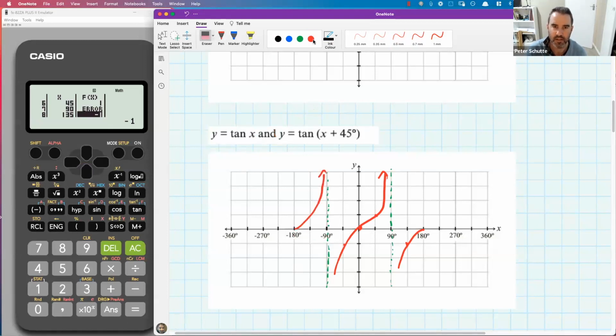So let me actually make this the red one. So that is the normal tan graph. But now what I want to know is, how do I draw the tan x plus 45?